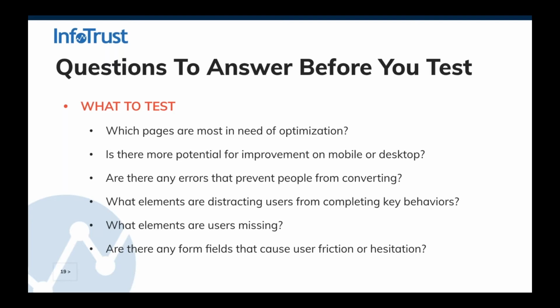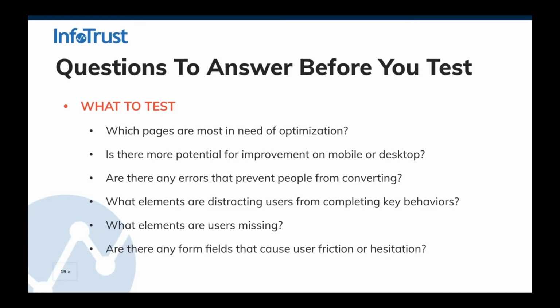So some of the questions that you may have before you decide to add a test to a list of tests that you want to run, or prioritize a test to actually build on your site. These are some of the questions that you may want to answer if you're doing some type of structured experimentation with hypotheses and developing KPIs.